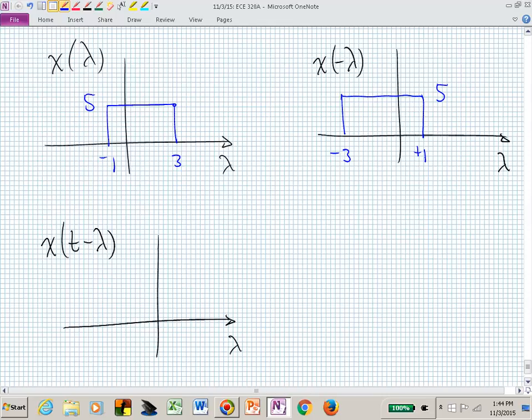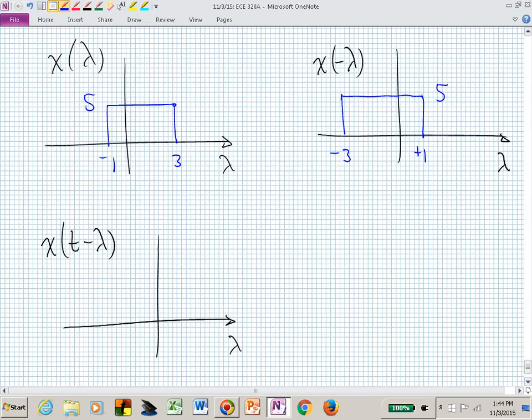Now I'm going to be adjusting t from minus infinity all the way up to plus infinity, but I now want to just leave it as a variable t. If I now said t was equal to 0, do you see that I would get x of minus lambda? So whatever I draw down here for x of t minus lambda, it better return x of minus lambda when I replace t with 0.